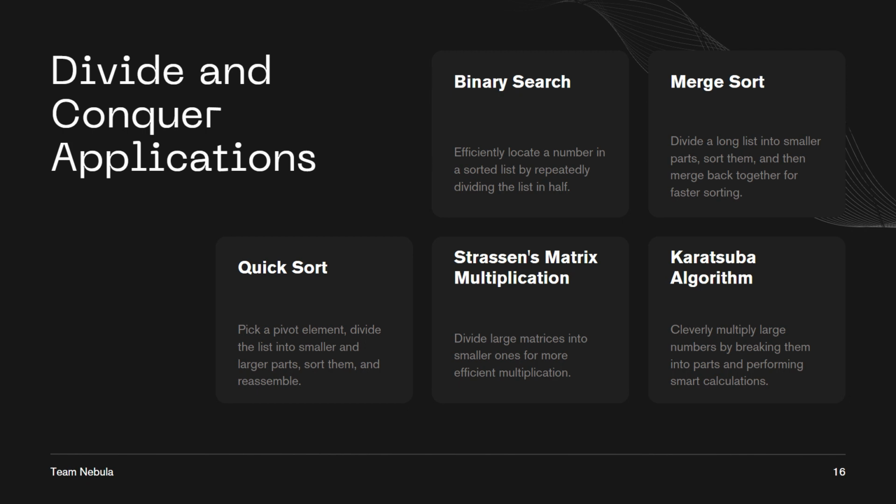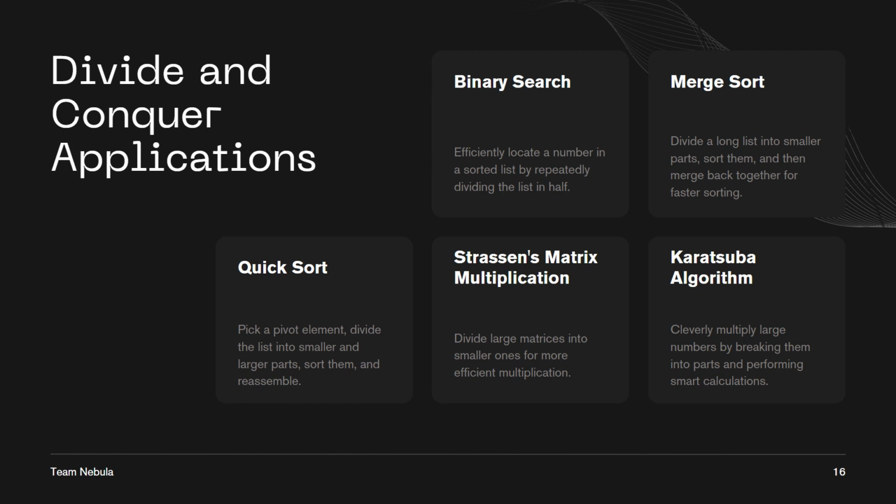Strassen's matrix multiplication. If you have two big matrices that you need to multiply, the traditional way can take a lot of time. But using the divide and conquer method, you can split the matrices into smaller ones and do the math more efficiently. Karatsuba algorithm. This is a clever way to multiply really large numbers.